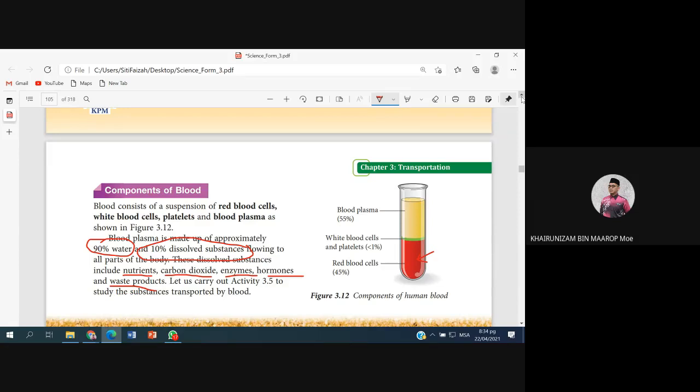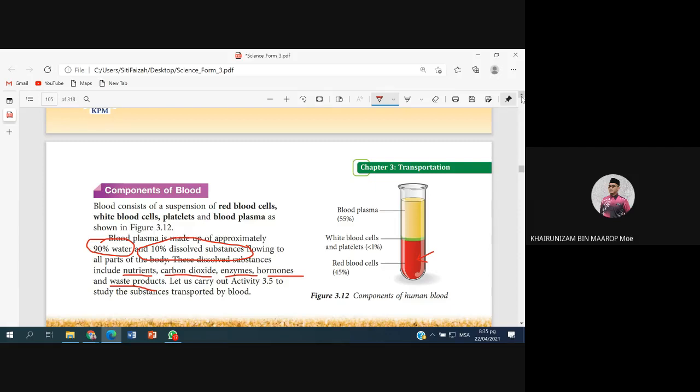And then the white blood cell. So what is the structure of the white blood cell? You already learned about this as well. It has an irregular shape and is colorless.